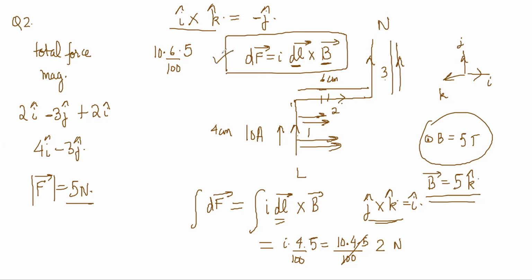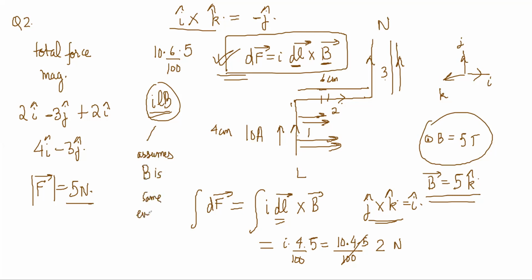And this also I always do like this, because that is the only short way of not making a mistake. Don't use formulas like ILB without thinking of the vector sign and all. Also, don't write it as ILB all the time, because ILB assumes that B is same everywhere.